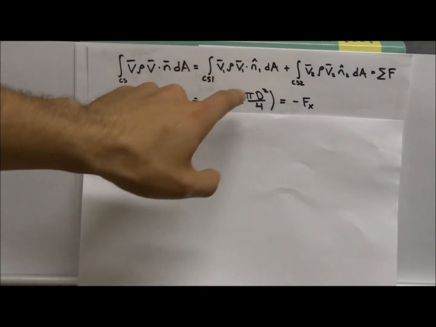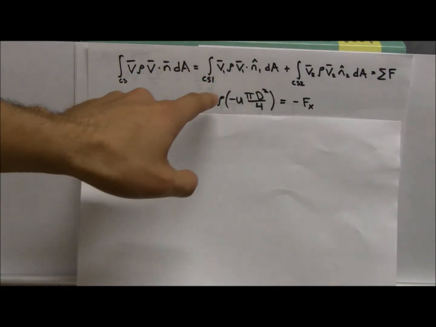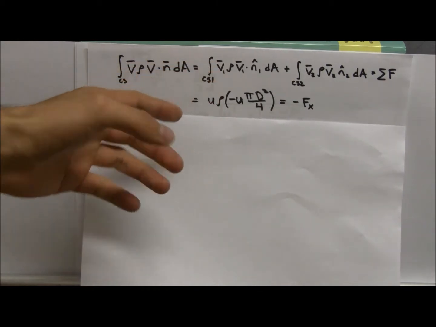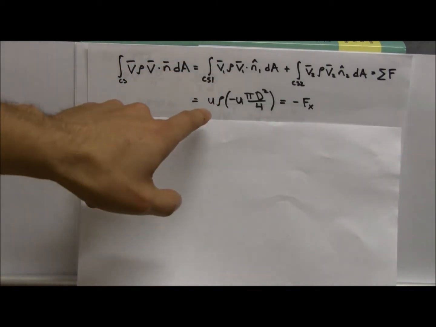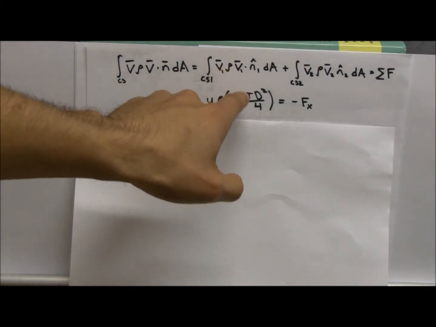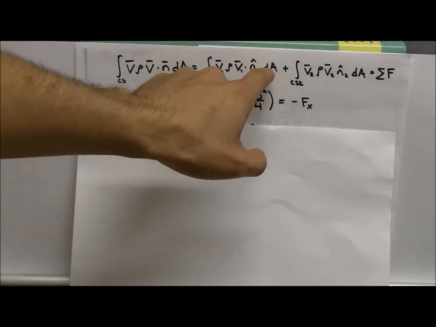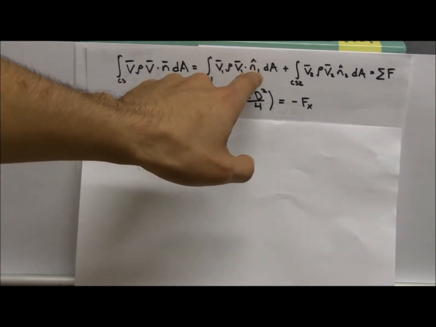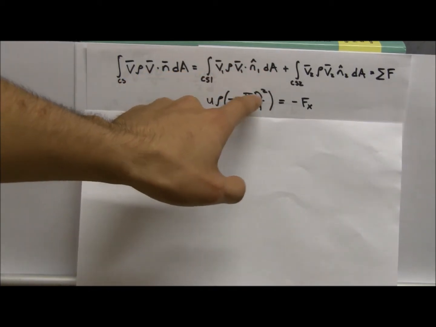We already know the velocity in the x direction is u times rho, and then times the product we recently calculated. So v1 dot n1 dA is simply equal to this.